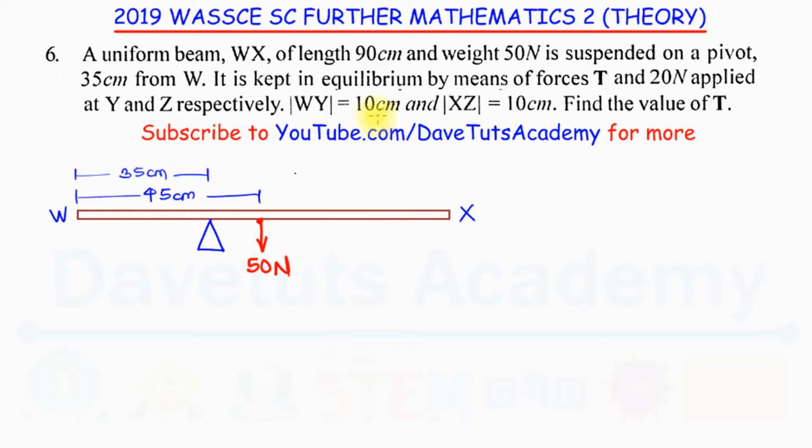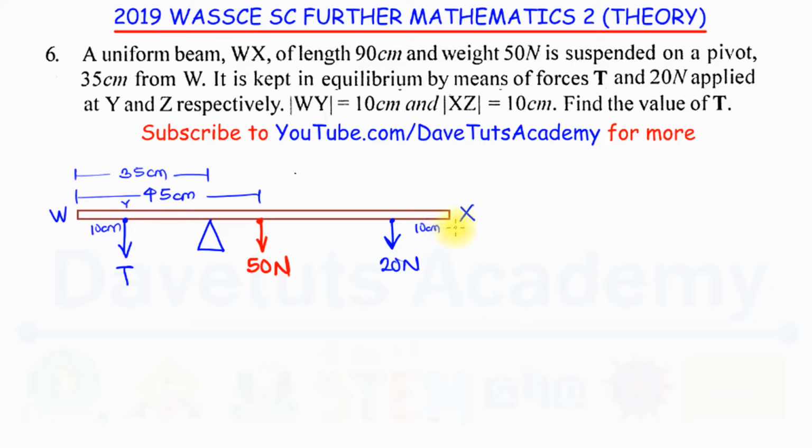We are told that WY is 10 centimeters, so W to Y will be 10 centimeters, and at that point down here we have a force T that is 10 centimeters from W. So this point is point Y, and it is 10 centimeters from W. Between W and Y is 10 centimeters, and then XZ from the other end X to another point here, we have another force which was given as 20 newtons, and this is also 10 centimeters.